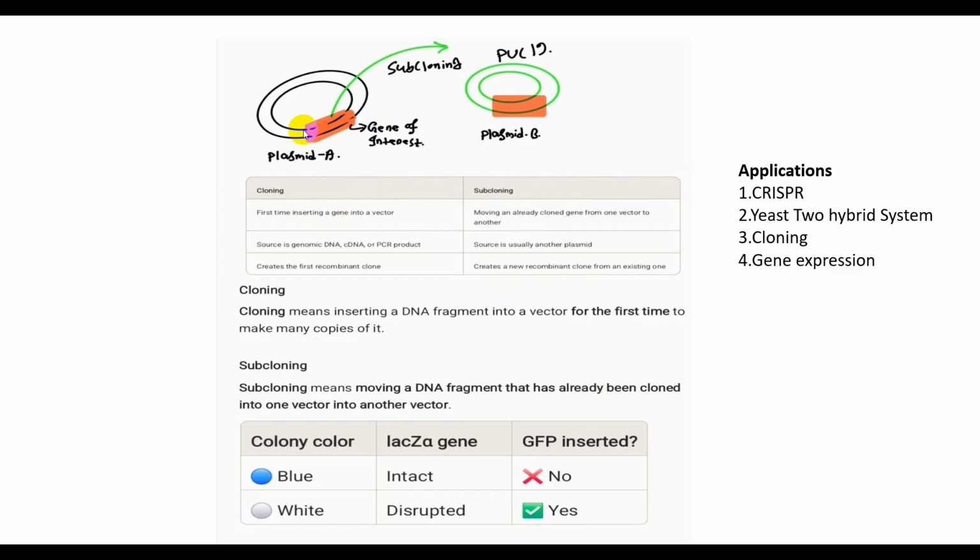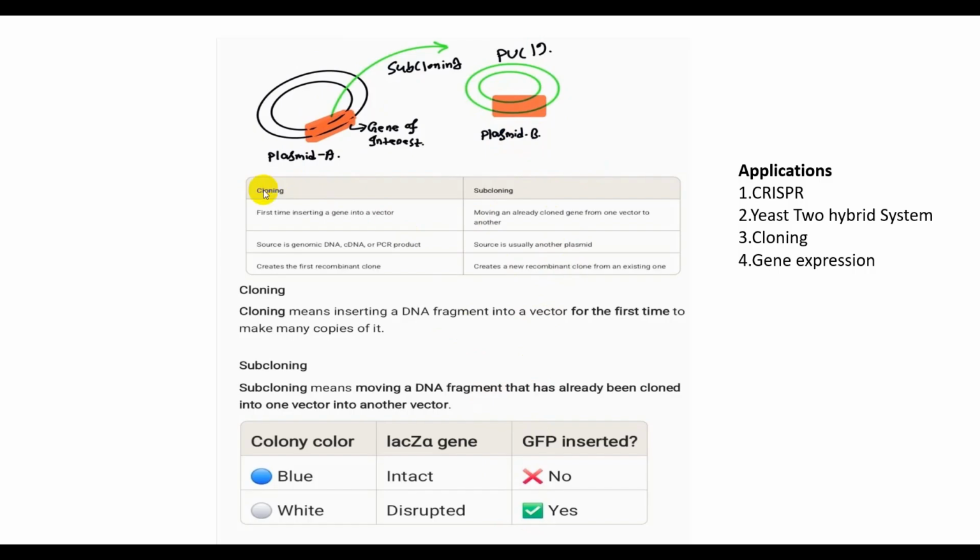So here you can see the gene of interest in plasmid A. Then we take the gene of interest into plasmid B, which is pUC19, and here we insert it. If it increases in number, then the gene of interest will also increase. So this is called subcloning.